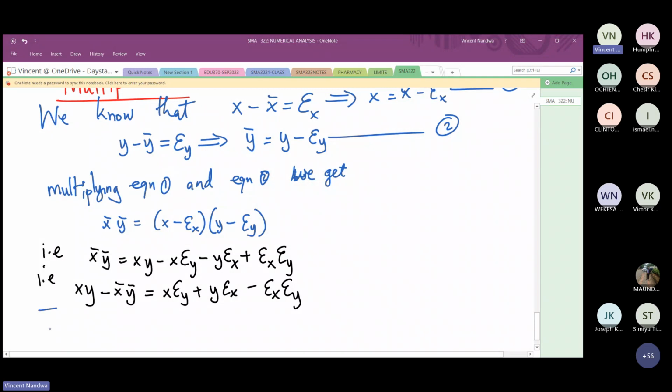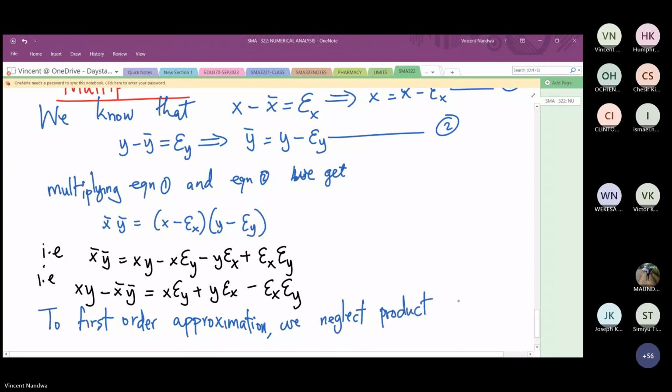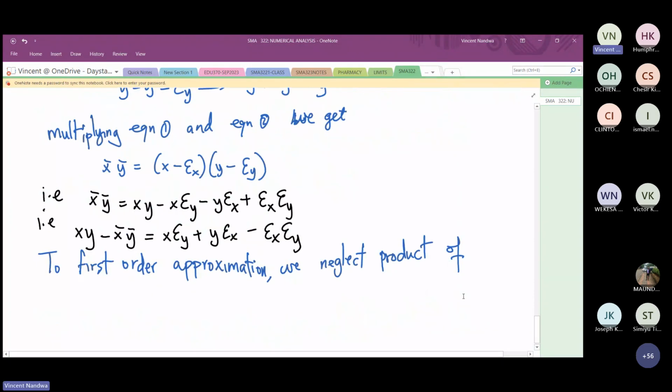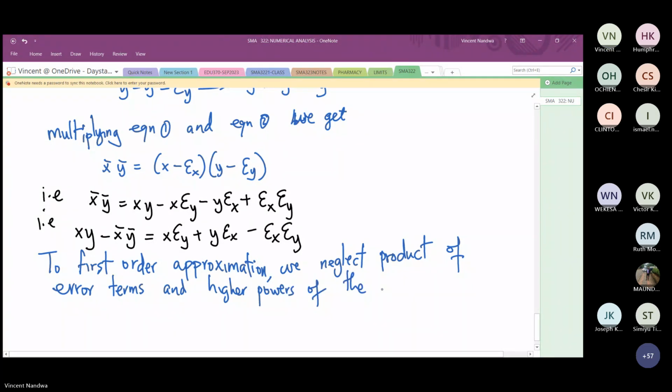So to first order approximation, we neglect the product of higher order terms of error terms and higher powers of the error terms.